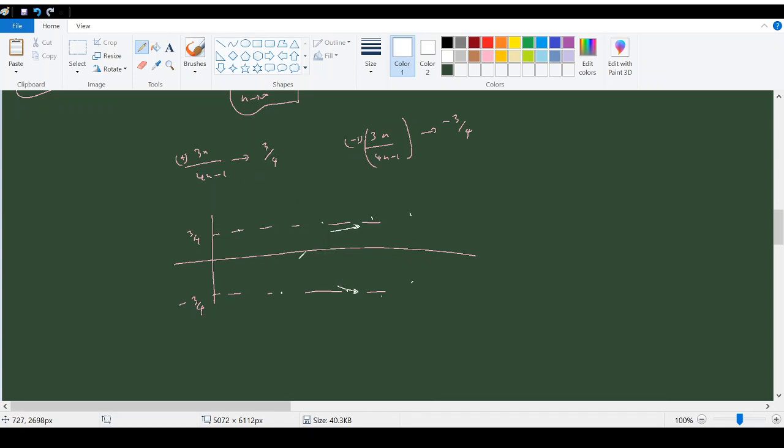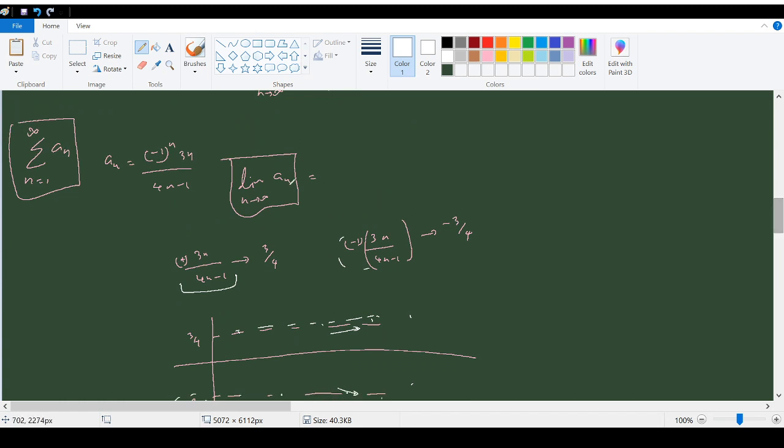Therefore it does not have a common value for this entire sequence to converge. If we go in the positive direction, all those positive terms try to approach positive 3 over 4, and all the negative terms try to approach negative 3 over 4. But unfortunately within this sequence you have both negative and positive terms, so the entire sequence does not converge to any point.